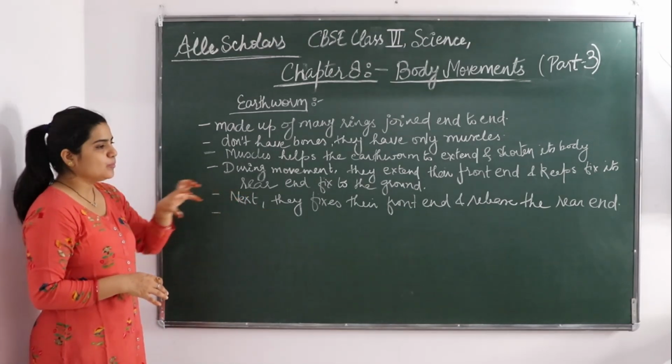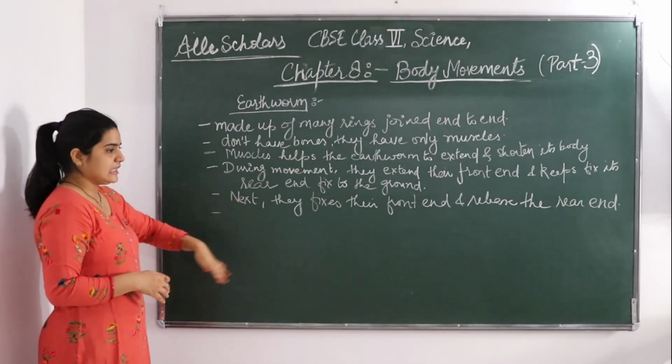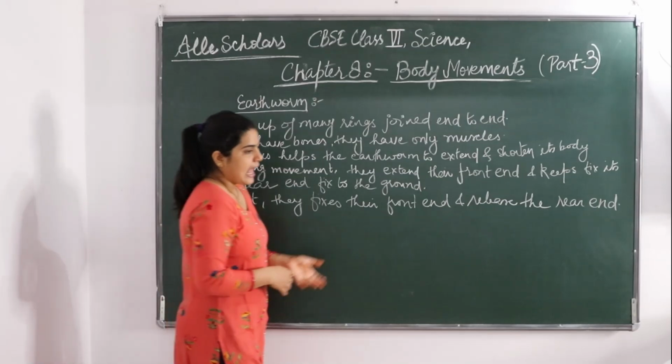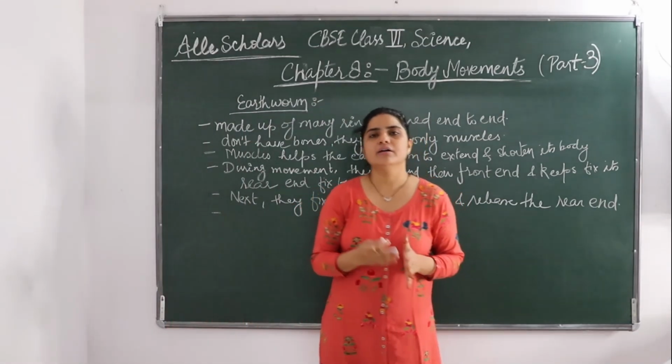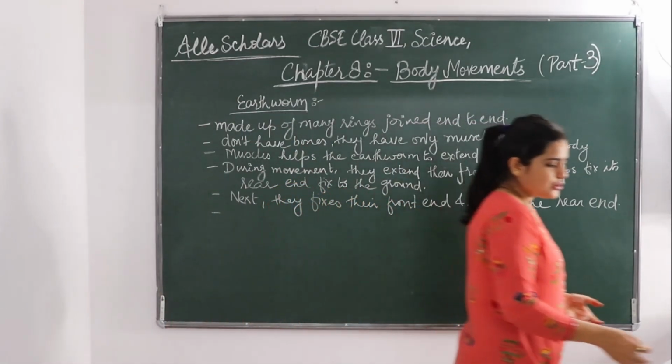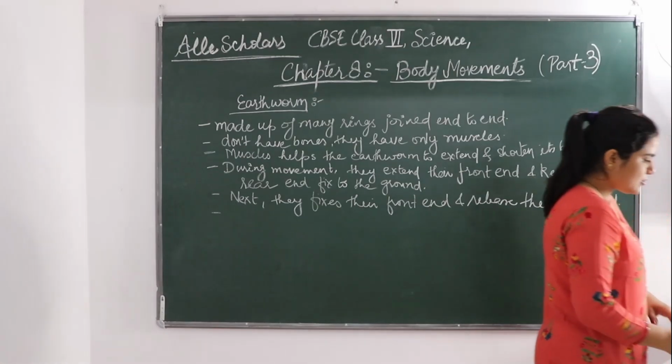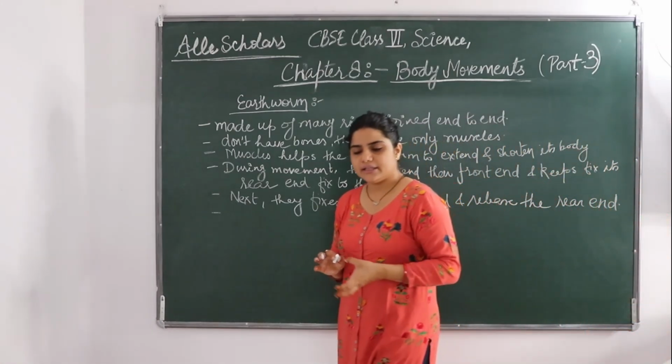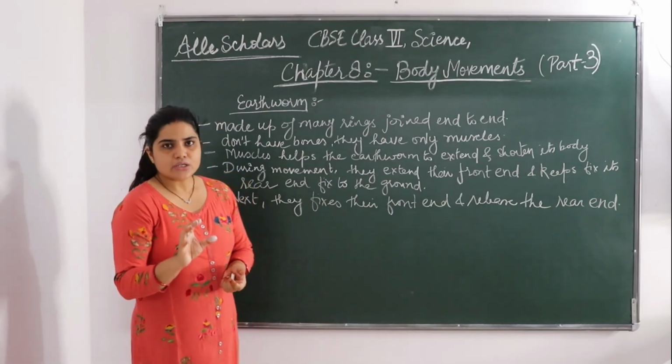This makes the movement in a small distance. Repeating such muscle expansion and contraction, the earthworm can move into a soil. Okay, I hope it is clear how they move into a soil.